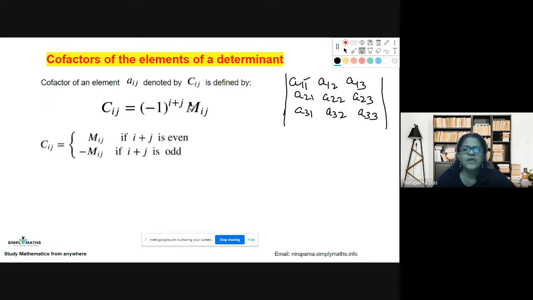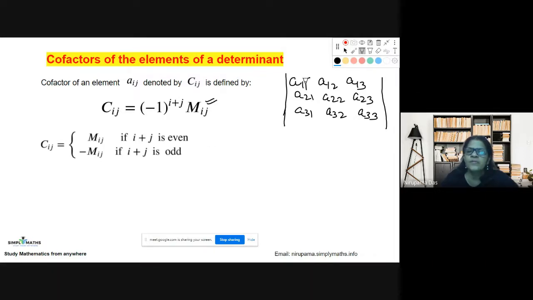So minus 1 into its minor, the minor of the element, so you are getting minus of Mij. So the cofactor of Aij equals the minor of Aij if i plus j is even, and minus of Mij, or negative of minor, if i plus j is odd.